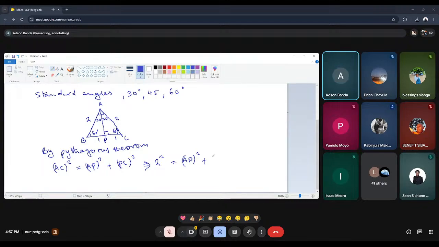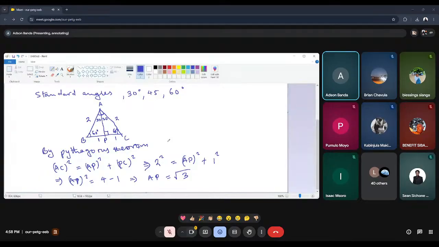So that will be 1 squared. So this implies that AP squared should be equal to 4 minus 1. And so in this case, AP, which is our length we are interested in, is just the square root of 3.